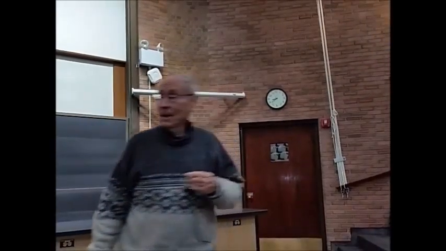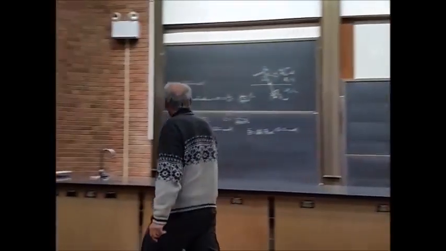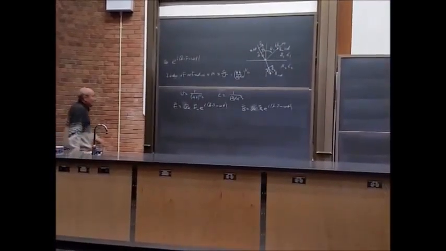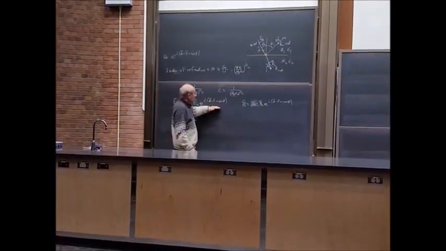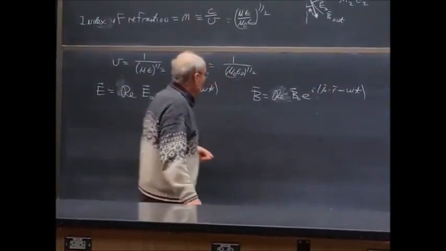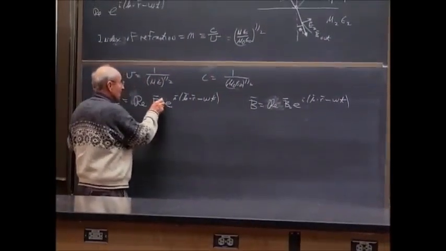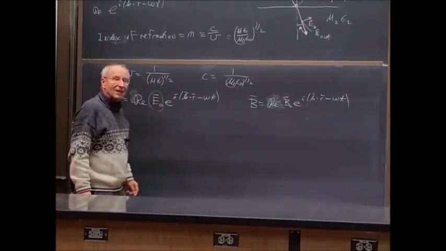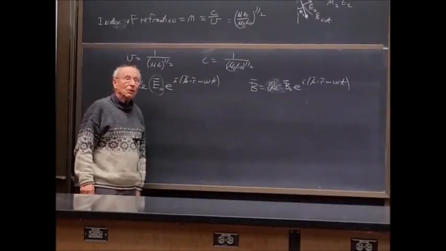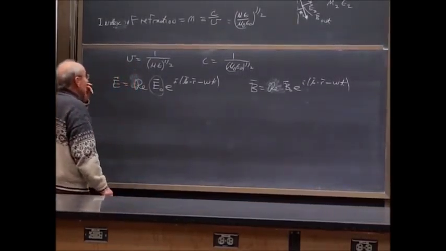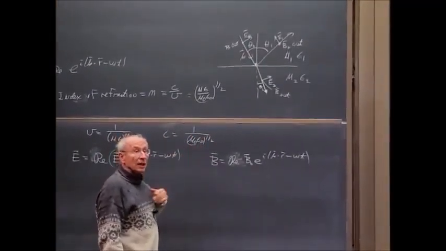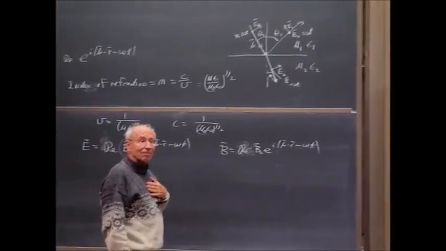Now, that means, regardless of what they are, they will involve these factors. The e to the minus, whatever the condition is, it'll be some condition on the components of that. This will multiply everything. And if we're going to have any boundary conditions, then this thing for each of those three waves must be the same.